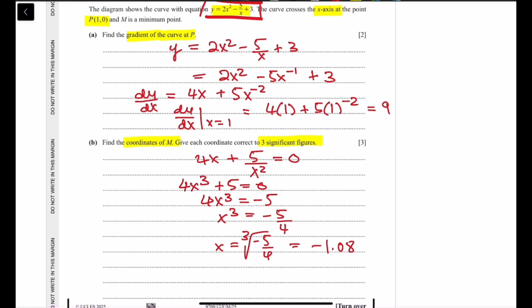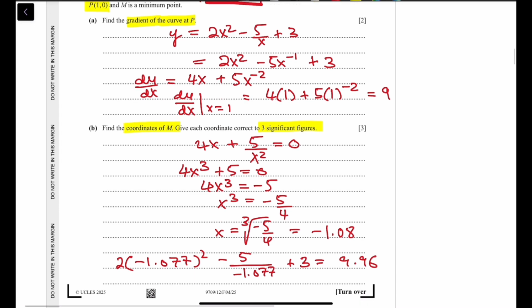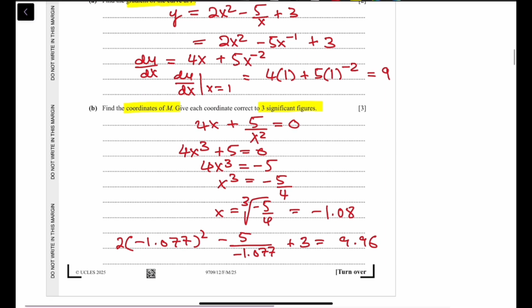So if we do 2 times negative 1.077, just so we're accurate, squared minus 5 over negative 1.077 plus 3, we are given the y coordinate to be 9.96 to 3 significant figures. So our coordinates are x equals negative 1.08 and y is 9.96.